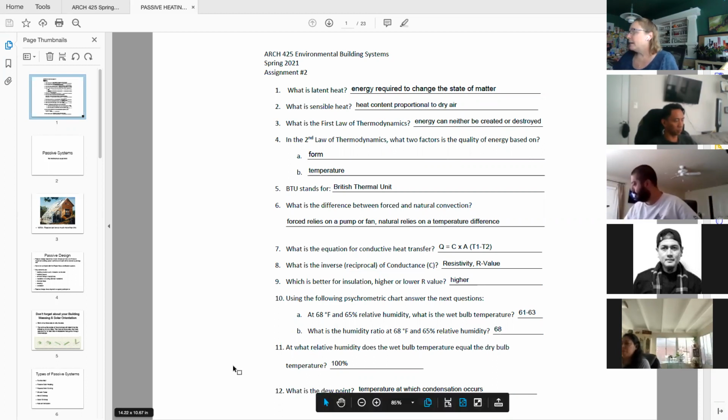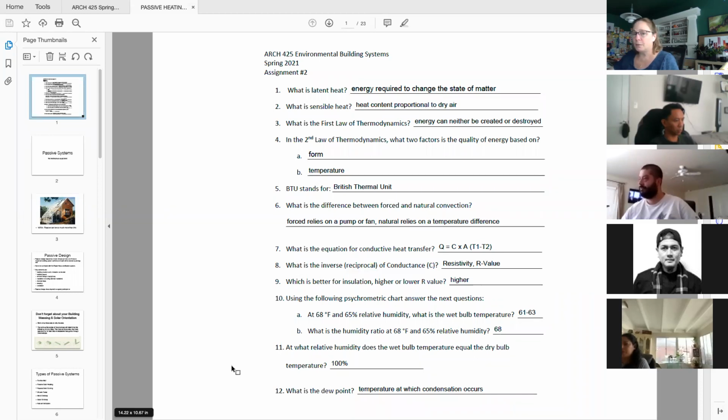And keep in mind, the dew point is the temperature at which condensation occurs. And that will change based on what temperature it is and the relative humidity.